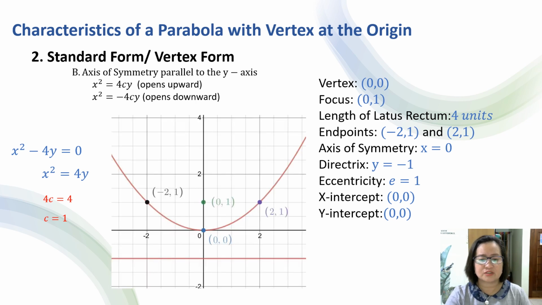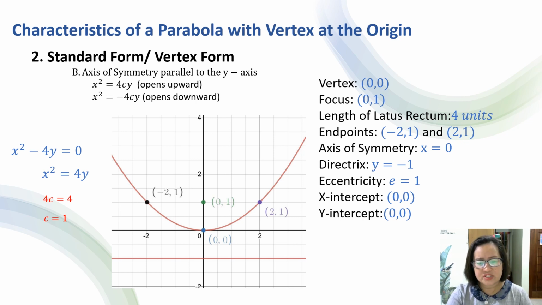Graphing the parabola, we would be able to have a clear view of these details. Take note that the directrix is at y equals negative 1, which is 1 unit below the vertex. Notice that the focus is 1 unit above the vertex.